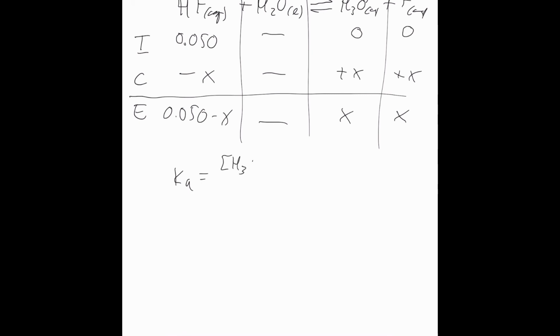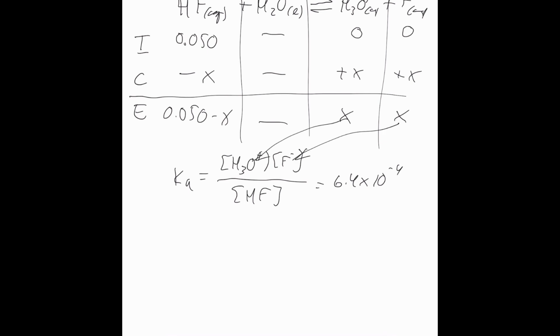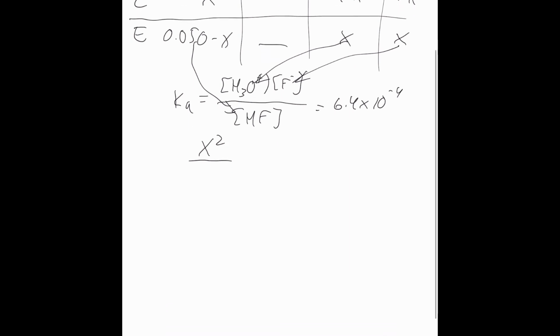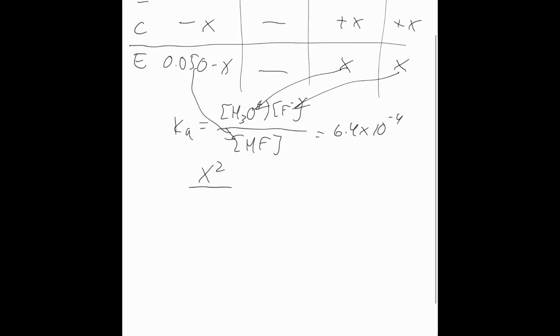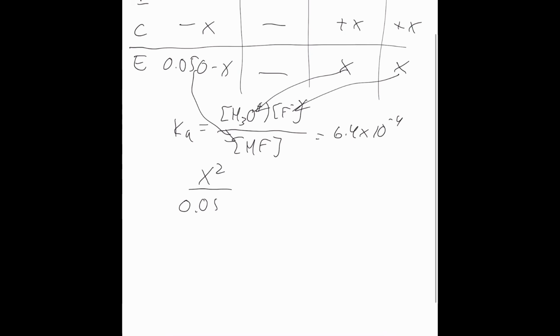So we have H3O plus concentration times F minus concentration, those are our products, over our reactants, which is HF concentration. And that was 6.4 times 10 to the minus 4. So we'll substitute in our two x's and our 0.05 minus x, so that's going to be x squared over 0.050 minus x equals 6.4 times 10 to the minus 4.